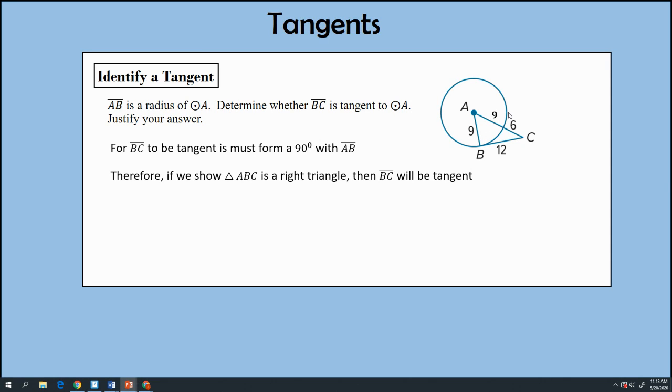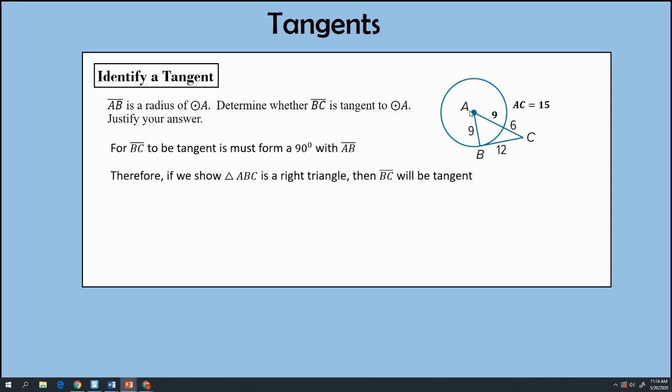Now, the one thing you've got to look out for with these problems is that this 6 that was given here is only the distance from the circle to point C. Notice that AB is a radius, and that's 9. The radius is not included in this distance for AC. So AC is actually going to be the radius of 9 plus the exterior piece 6. So AC is actually 15. They do that quite a bit, where you have to catch that number right there.